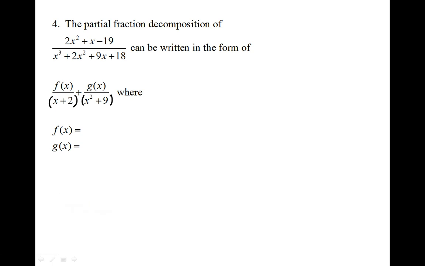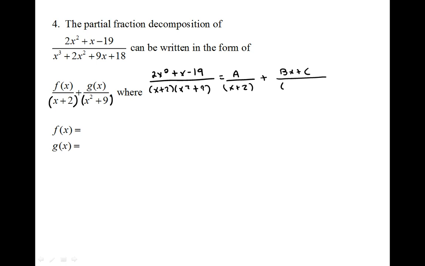So I'm going to have (2x squared plus x minus 19) over (x plus 2)(x squared plus 9) equals a over x plus 2 plus (bx plus c) over x squared plus 9.